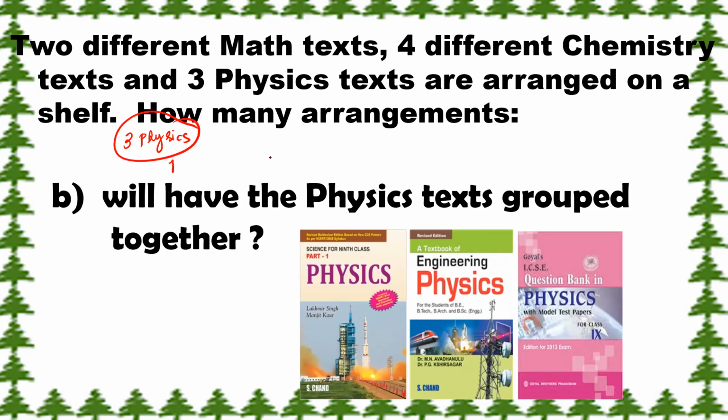As 1 plus 4 plus 2. Okay. So how many? 7 factorial. So there are 7 factorial.